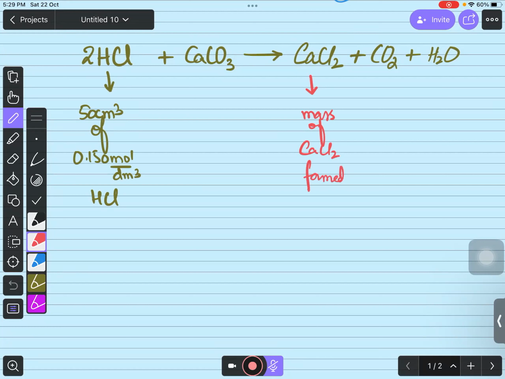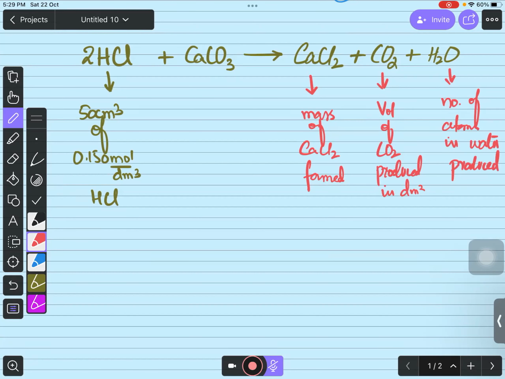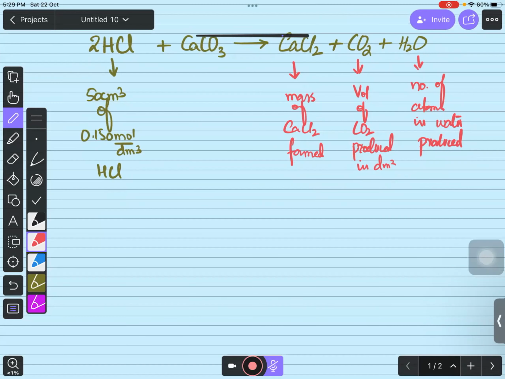Over here I am asking the volume of carbon dioxide produced in dm³, and over here the number of atoms in water produced. These are 4 different types of formula that we are going to connect in this question.